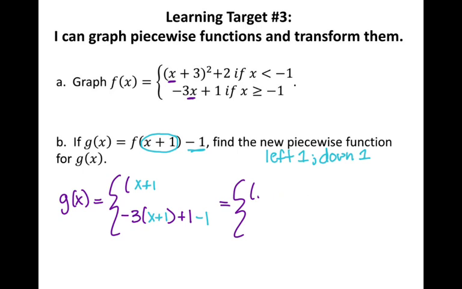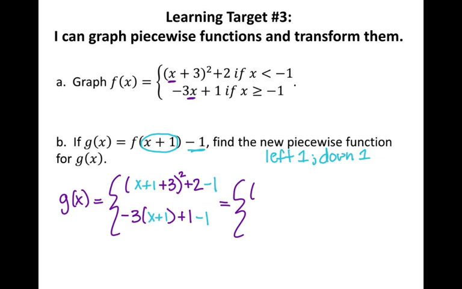I forgot this plus 3 right here. Okay, so I have my x plus 1 plus 3 squared plus 2. So I forgot this piece right here. Sorry about that. Plus 2 and then -1. There we go. Okay, let's keep going.